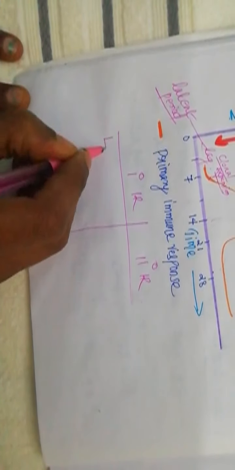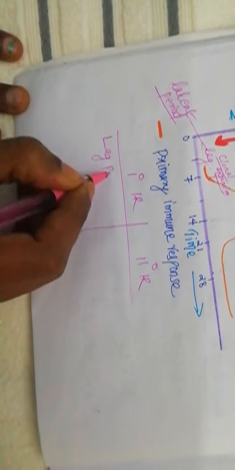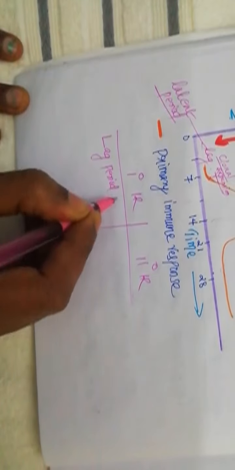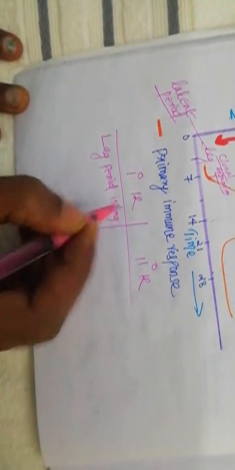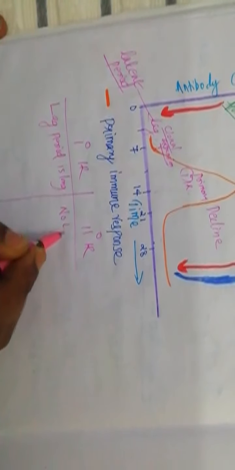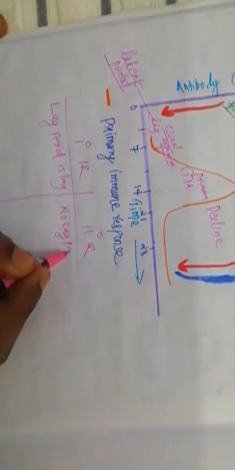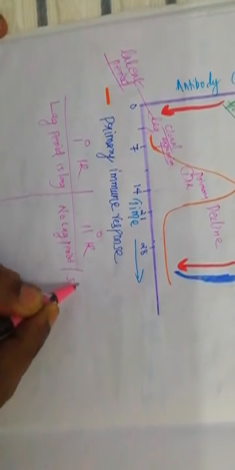In the case of the primary immune response, the lag period is very long. Here it is clearly given in the diagram, there is a very long lag period, 7 days of lag period. Whereas in the case of the secondary immune response, there is no lag period, or a very short lag period.